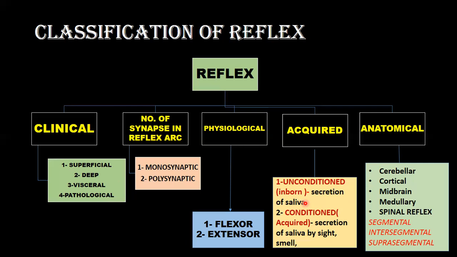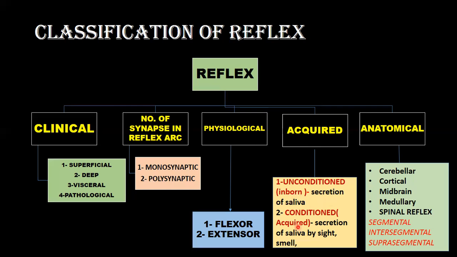These reflexes do not require any learning or any training. For example, when the baby is born and we put any sweet dish in front of him or her, like a chocolate or a cake, he or she starts secreting saliva without knowing what the actual taste of that particular substance is. So this type of reflex is the unconditioned reflex, and it is present in our inborn.